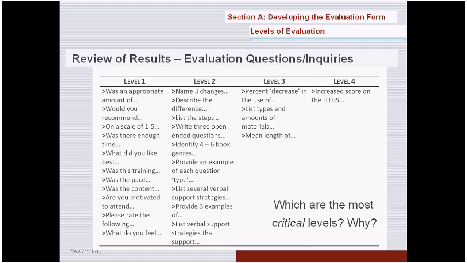And the only way you can prove that your training is in fact helping to move people forward is to measure accountability. And the only way you can measure accountability is through levels 3 and 4.